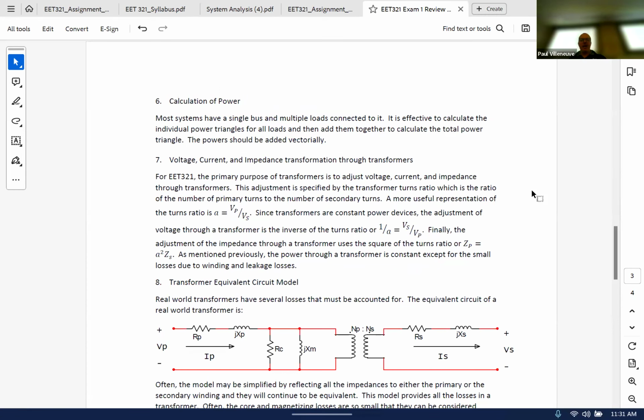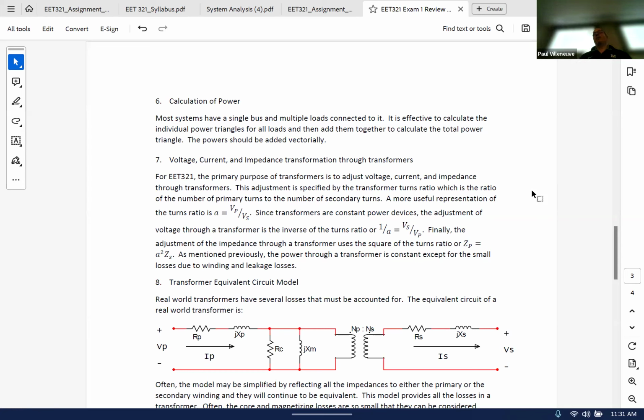So calculation of power, we're just going to add real parts and imaginary parts as necessary. So if you have a panel, or if you have an industrial facility with 10,000 different loads, you can calculate what the power demand of that facility is just by adding up all the real power, add up all the imaginary power, keeping track of the signs, or the directions, I should say, and then you can calculate your total power.